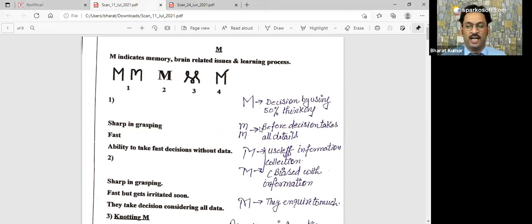They generally take any decision after getting all details properly. First, they will check all pros and cons. They will check all positive and negative points. Only then they will take a decision. So this kind of M is supposed to be good if you are using it in small letter writing.